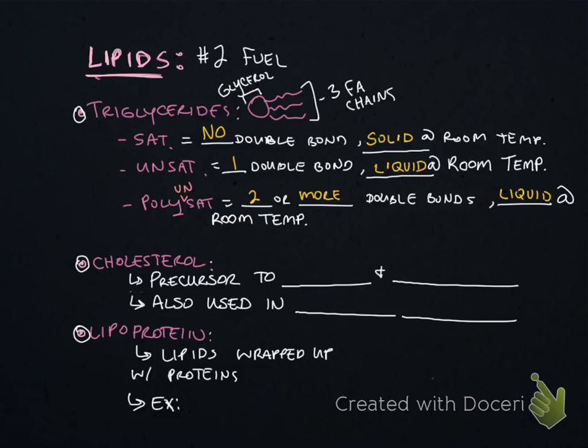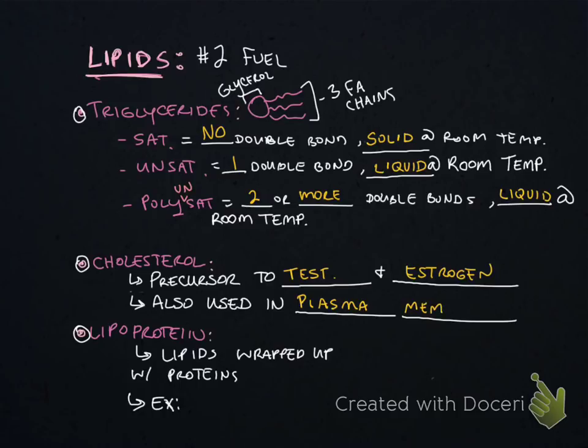Okay, so cholesterol. So cholesterol always has a bad rap, but cholesterol is needed in the human body. It's actually a precursor for some hormones, steroid hormones like testosterone and estrogen, and is also used in the plasma membrane of cells.